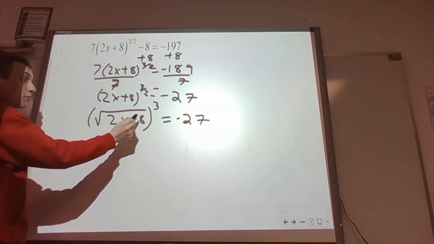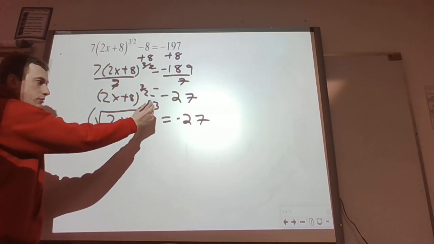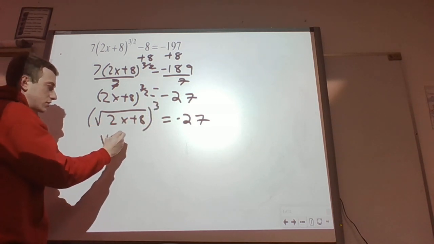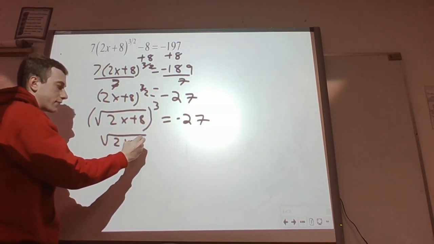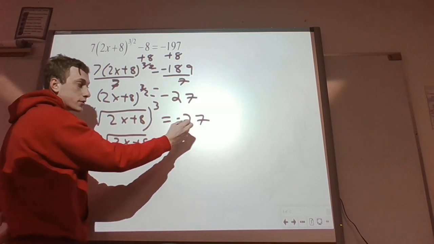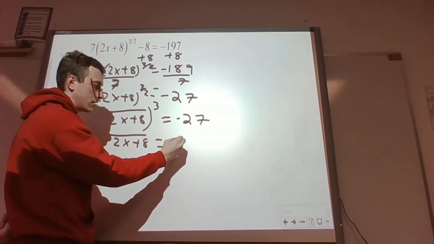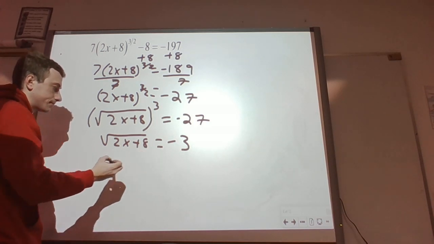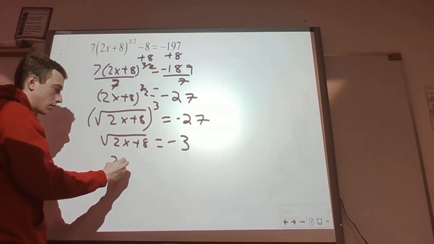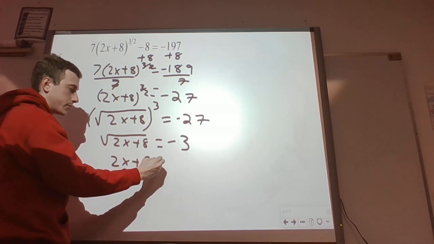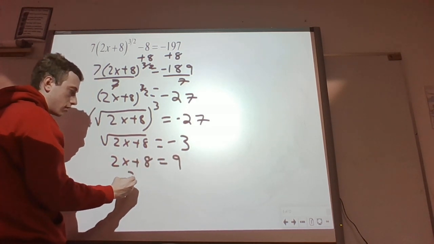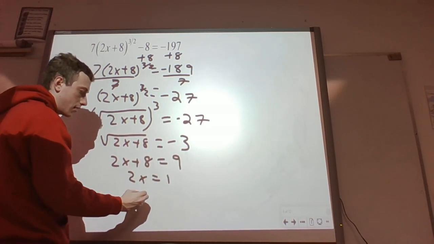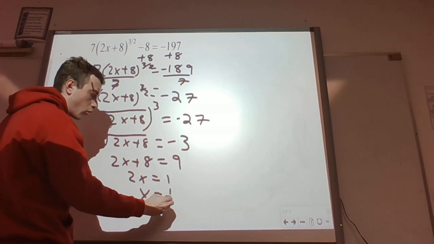So then we can take the cube root of both sides to deal with this portion, which would give us simply the square root of 2x plus 8 equals the cube root of negative 27, negative 3. And now we're ready to square both sides. If we square both sides, 2x plus 8 equals 9, 2x equals 1, x equals 1/2.